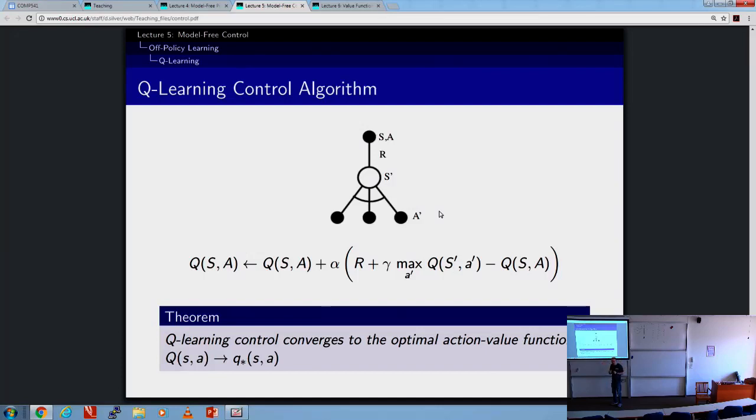So I was in state S, I took action A, and now I'm looking at my next update. Okay, so from the new state S prime that I've reached, I look at two different actions. One, greedy action. The other, epsilon greedy action. The greedy action I use for the Q update. The epsilon greedy action is the one I use to actually go to the next step. Okay?